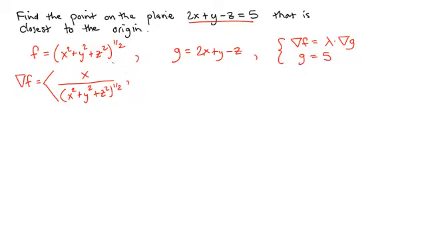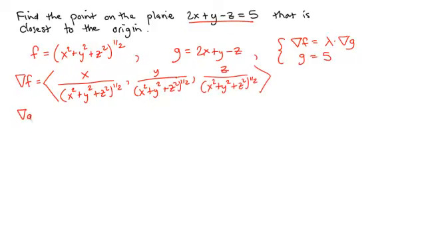Now, since the equation is completely symmetric in y and z, we should get the exact same things, or corresponding things, for the derivatives in y and in z. On the other hand, the gradient of g is going to be much simpler. It's just going to be 2, 1, minus 1.